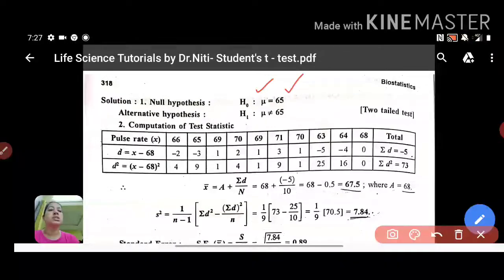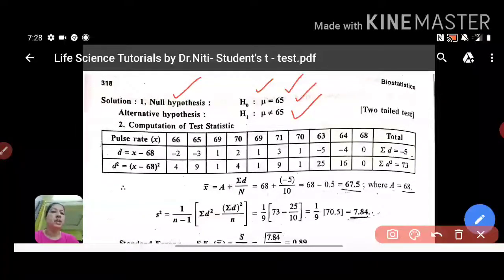So null hypothesis means no change has taken place, and the sample mean is also 65. So we have taken this as the null hypothesis. Our alternate hypothesis will be that the sample mean is not equal to 65. Now let's test whether this null hypothesis is accepted or rejected.